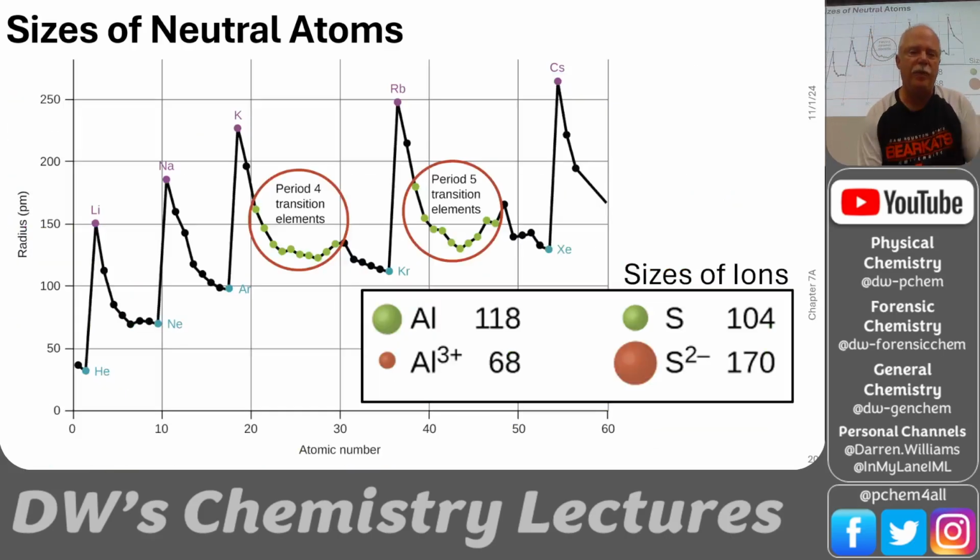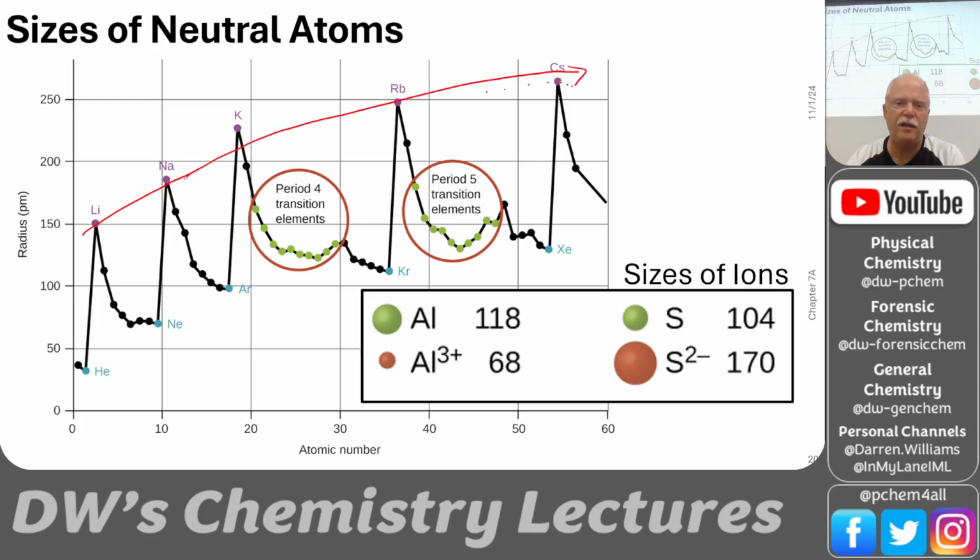So here's a picture of those plotted on the same chart, and you can see that lithium to sodium, potassium, it's not quite linear. It does sort of taper off in size. And you can see here helium, the noble gases going up. But look at that big jump when you go to the next one.